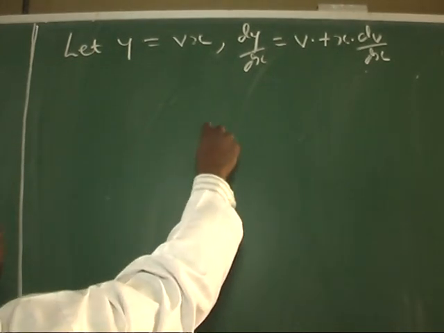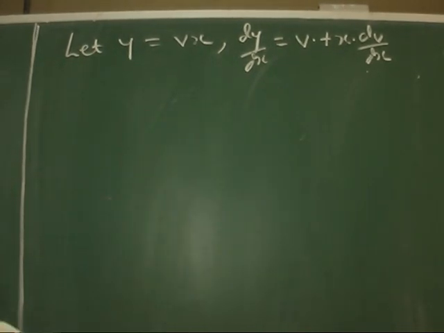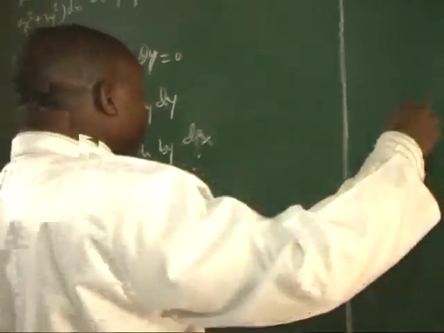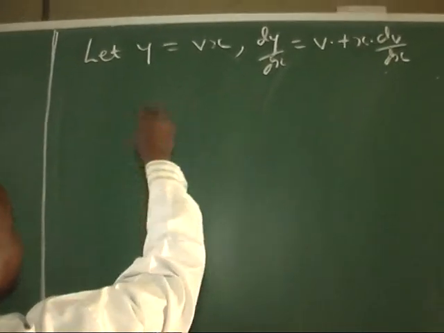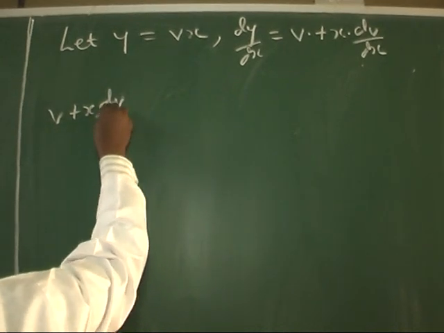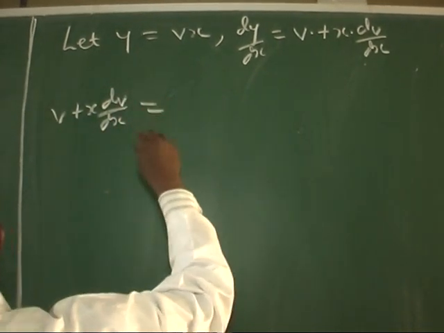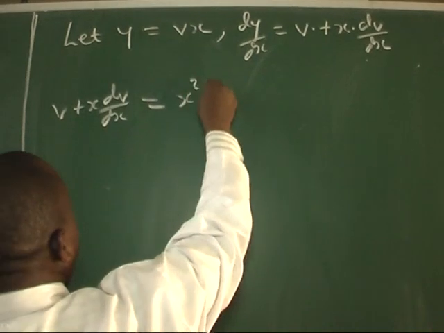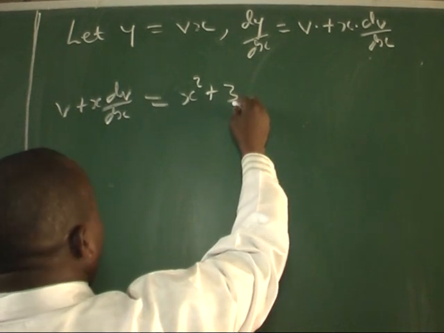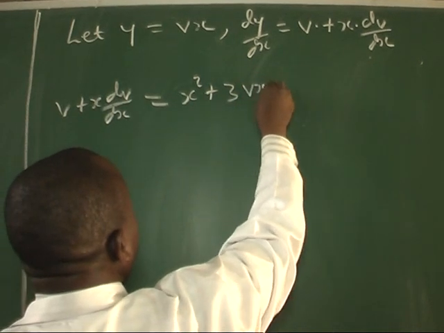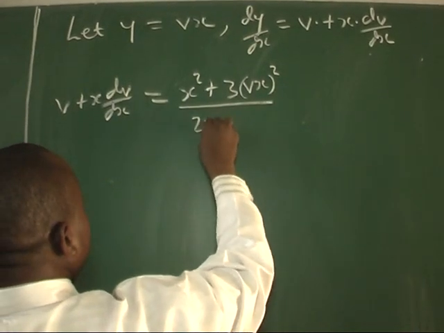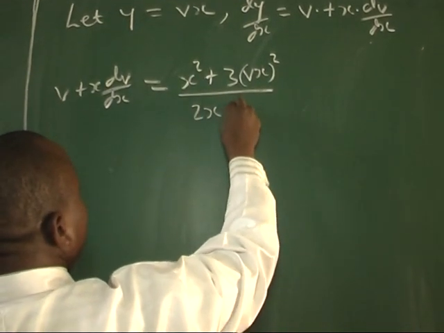So that we have this, we can now substitute it here. In the place of dy/dx, we have v plus x dv/dx will be equal to x squared plus 3y squared, and y squared will give us v squared x squared, all over 2x, then y is vx.